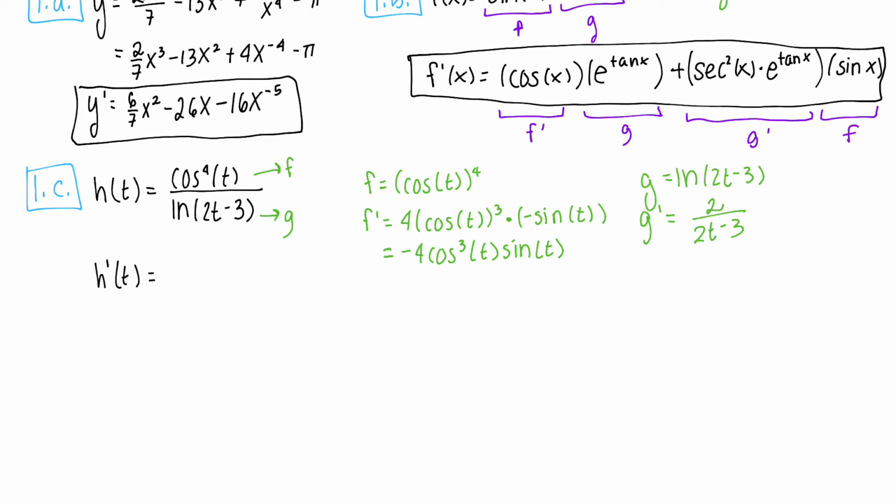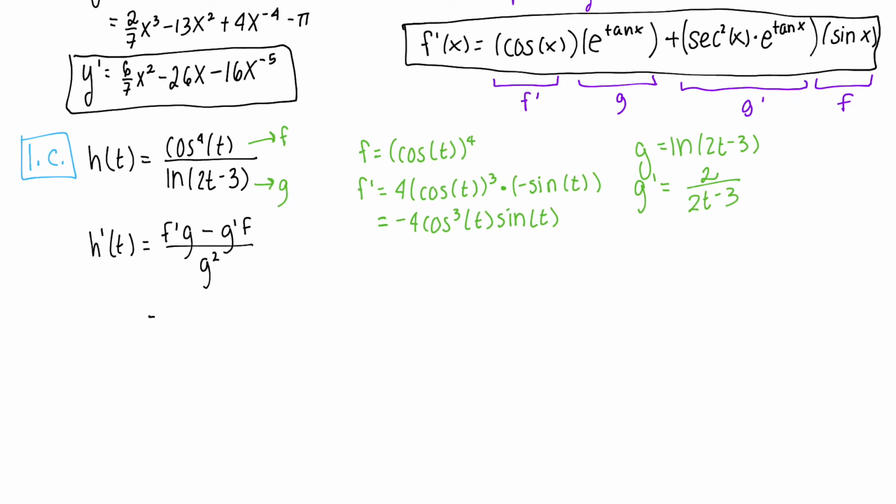For quotient rule, it's f prime g minus g prime f, all over g squared. So f prime was negative 4 cosine cubed of t sine t. G was ln of 2t minus 3, minus g prime is 2 over 2t minus 3.